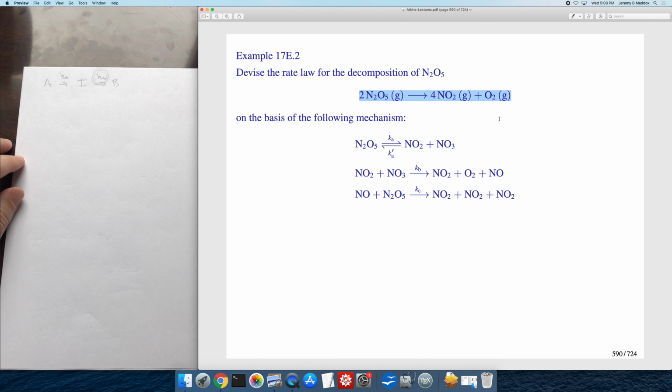I should point out that you may have a mechanism that is incorrect that could also add together to give you the overall stoichiometric reaction. So mechanisms are difficult things to establish.